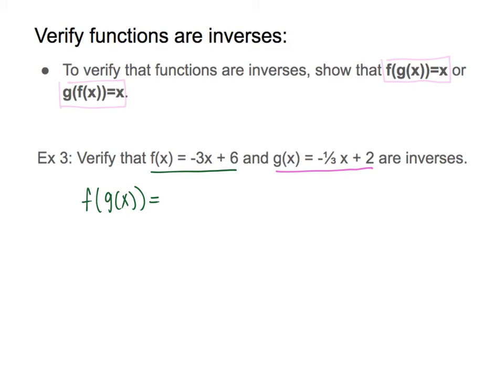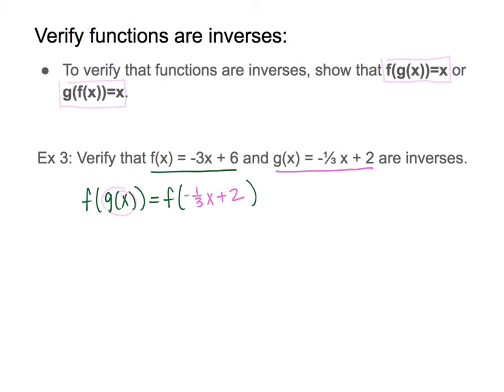So I'm going to start with g, and I need to figure out what g is, so I can replace the inside here with what g really is. So g is actually negative 1/3 x plus 2. So I'm going to copy and paste that inside. So let me just rewrite this function. So this is f, and I'm going to plug in negative 1/3 x plus 2.